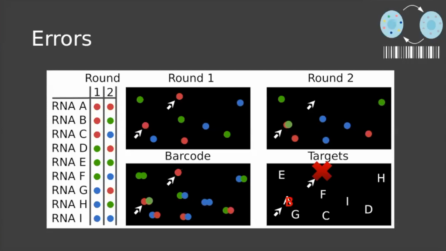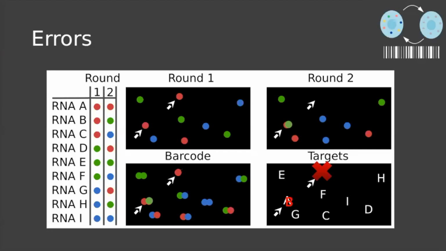So here's the same example, but now something is going wrong. Let's look at the top red dot with the arrow. Let's say it's stained perfectly nicely in the first round, but for some reason in the second round it is not there. So this would mean that if we're going to identify it, we can't, because we don't know what it exactly is. In the bottom arrow, there are 2 molecules that are very close to each other.